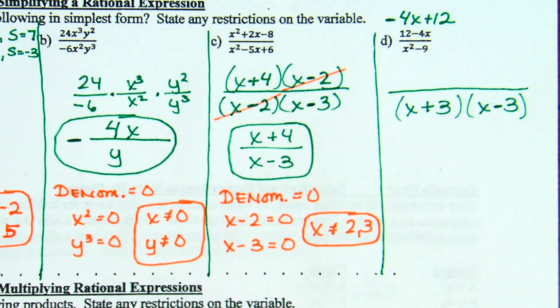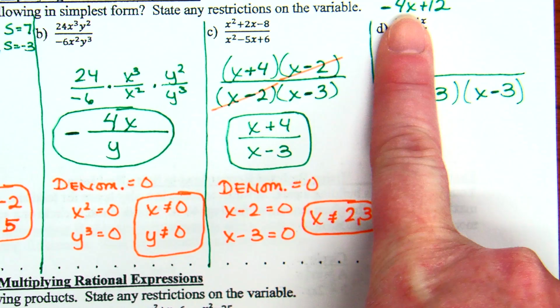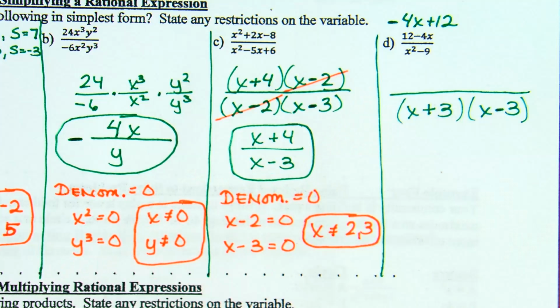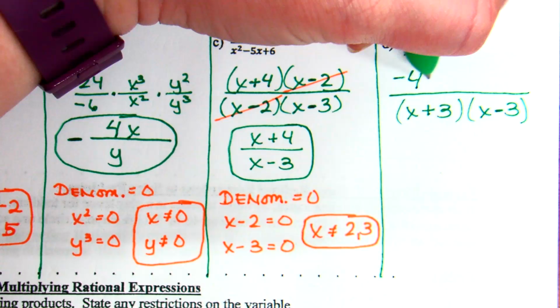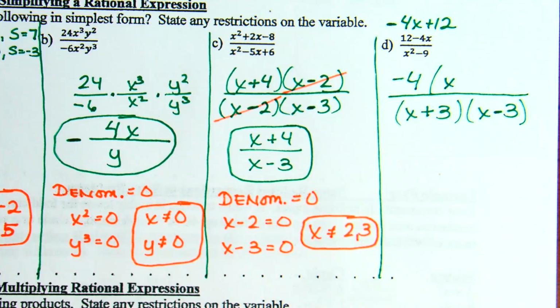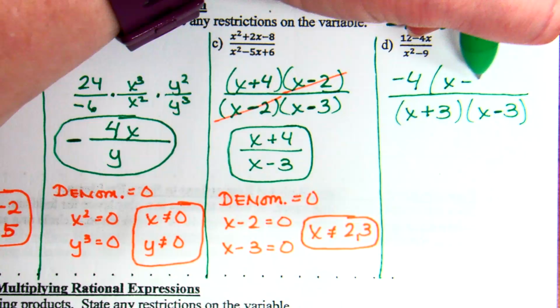What is the GCF between negative 4x plus 12? There's a 4 of some sort. My recommendation, because the x term is negative, is to say negative 4. So if I do a negative 4 as my factor, what's negative 4x divided by negative 4? x. And what's 12 divided by negative 4? Minus 3.